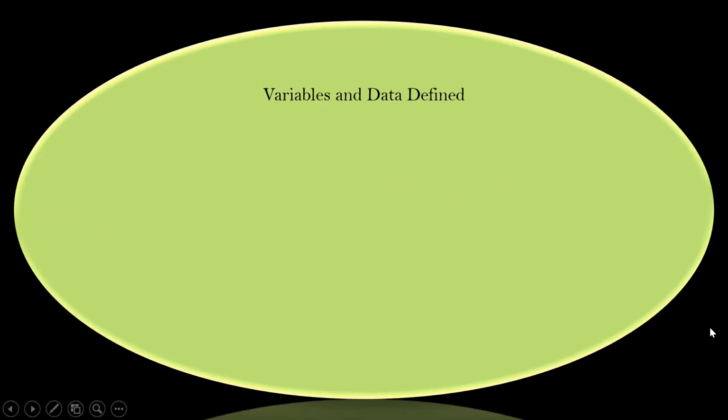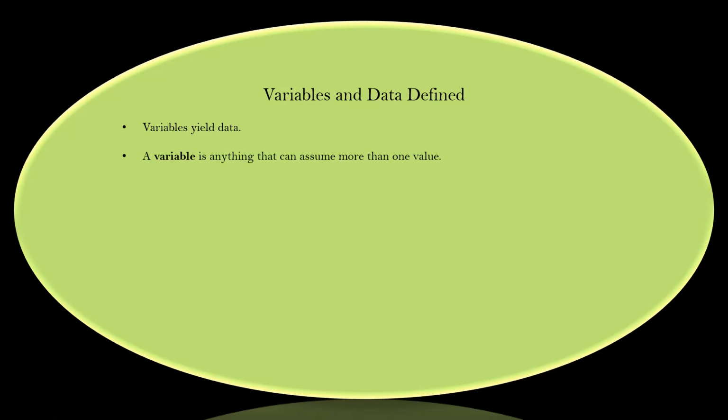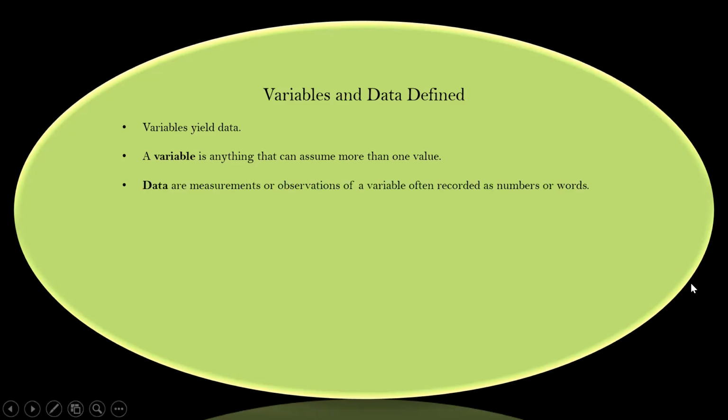So in the previous lecture, I gave you a definition of variables and data. And so I said a variable is simply anything that can take on more than one value. It can be your height, it can be your weight, your gender, your sex, etc. And the measured values that we get from a variable, that's what we call our data. And again, it sounds unusual.